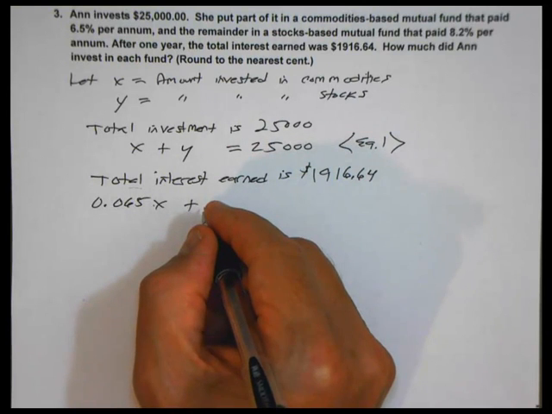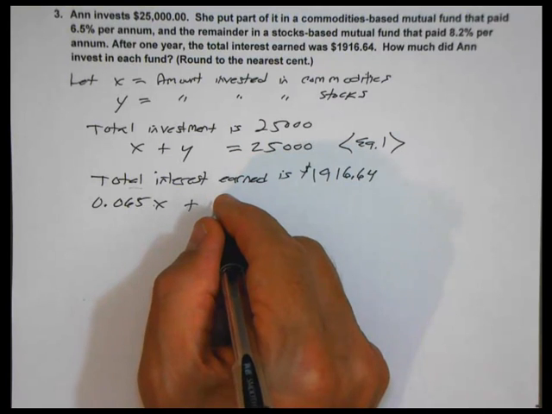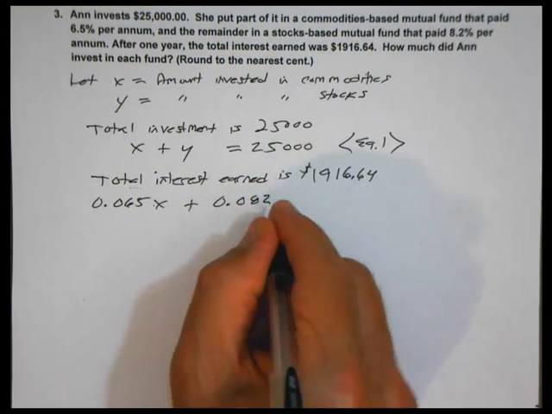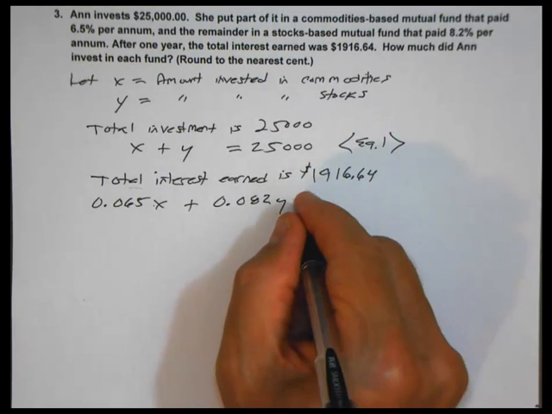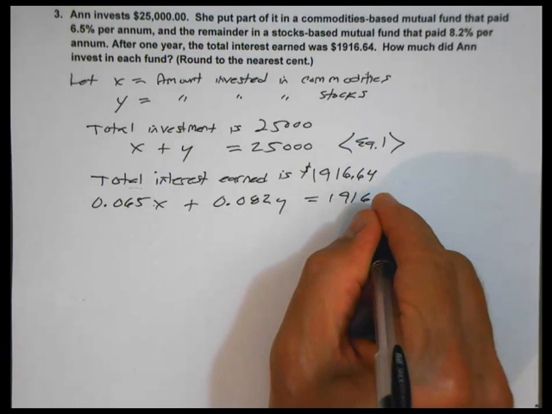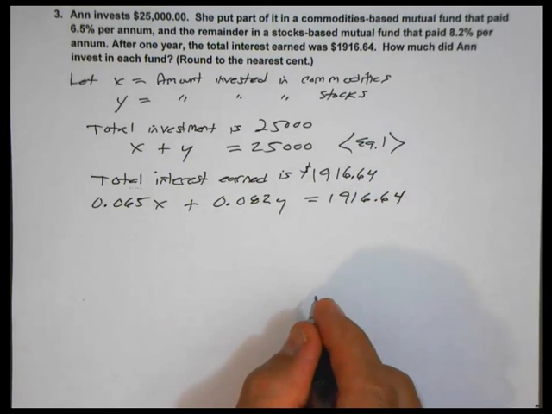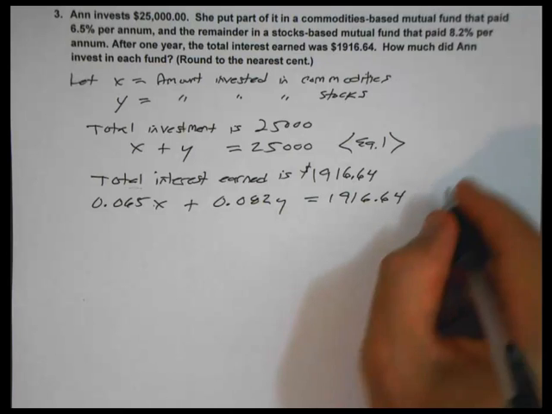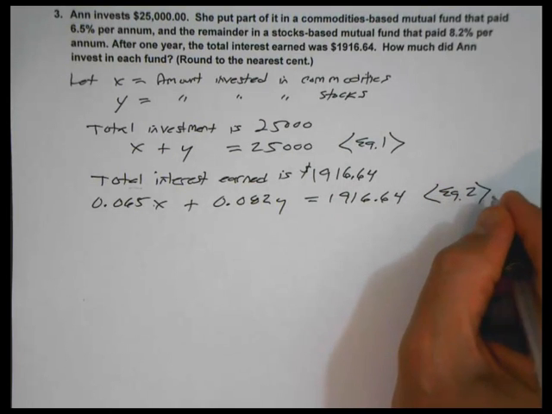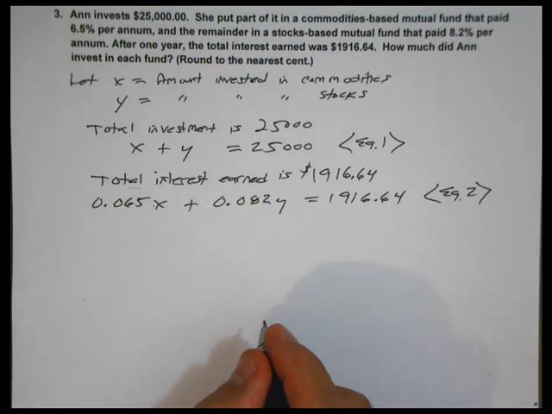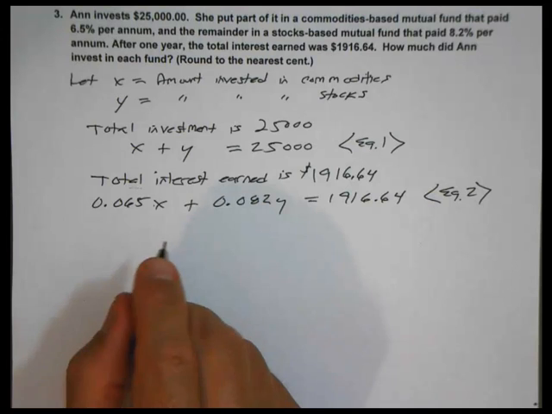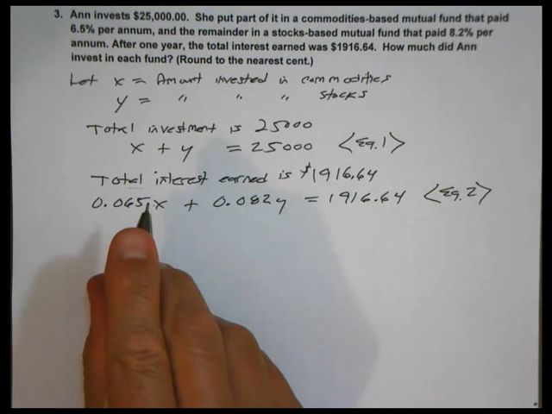Their interest rate was 8.2% per annum, so in other words 0.082y, and that equals 1916.64. Alright, there's an equation. I'll make a note of this, call it equation 2. Now that looks like it accounts for all of the information in the question. There's nothing else to say.